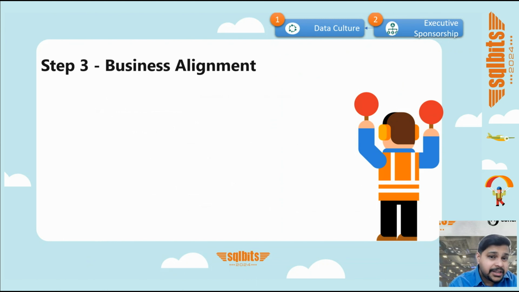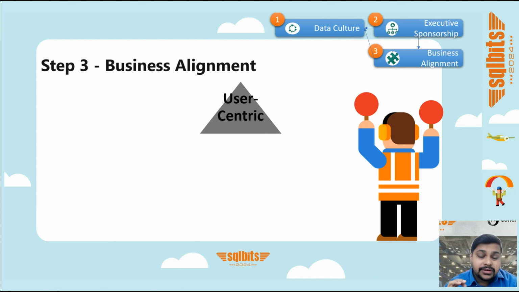Step three is business alignment. How you will align your business need to your actual users. Starting with the first one, you have to think about the users. Users are the key in your alignment. In terms of users, there are many ways that you can do this activity.